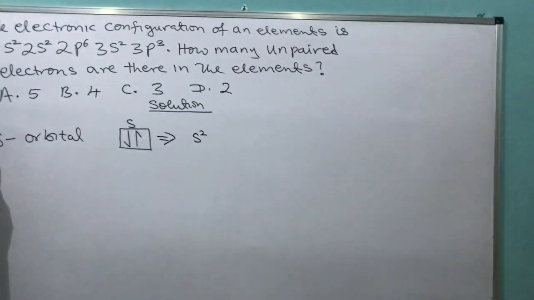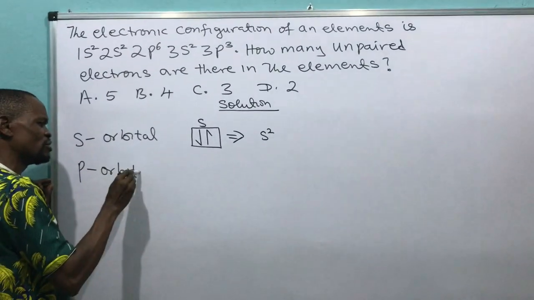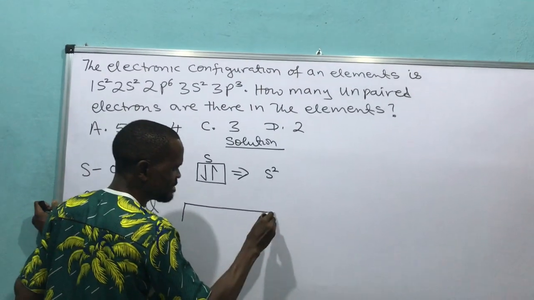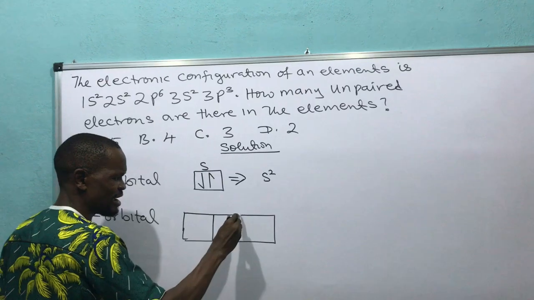Then I have the p orbital. That's the second orbital we have. What fills it up? We have this, and this, and this.